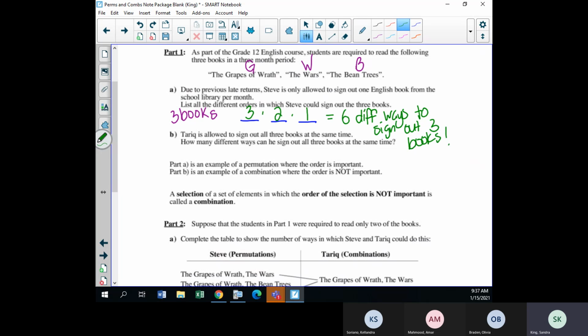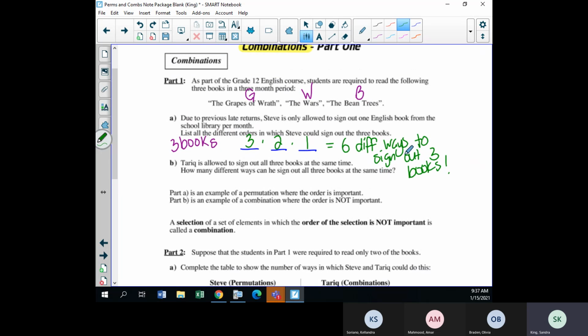If you can set up a problem with the fundamental counting principle, this problem is a permutation. We cannot do the fundamental counting principle or stages with combinations. We don't do this at all for combinations. So if I gave you this problem, about 90% of you would set it up that way and get 6 as your answer.